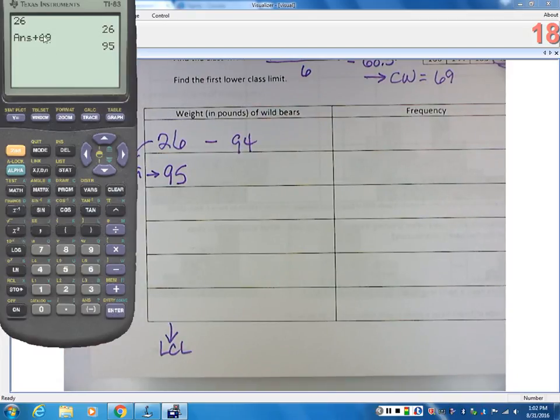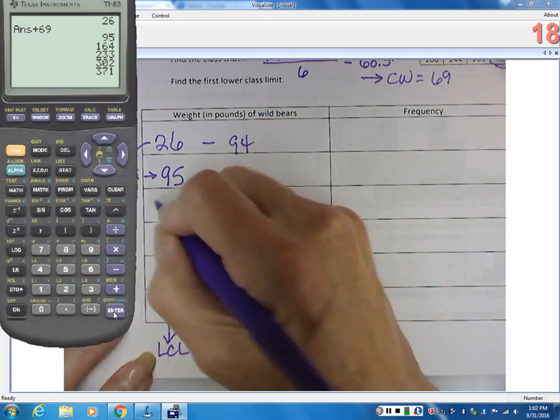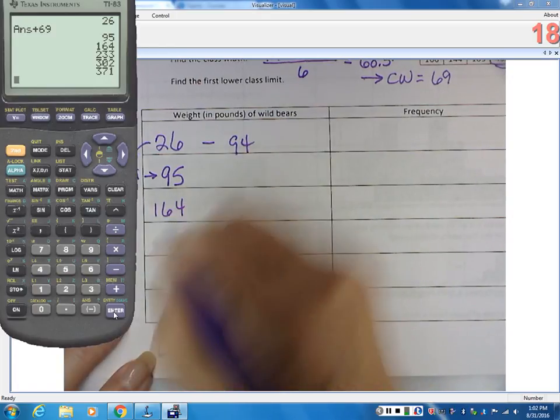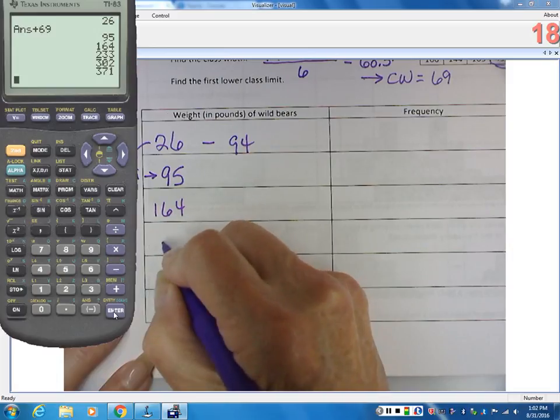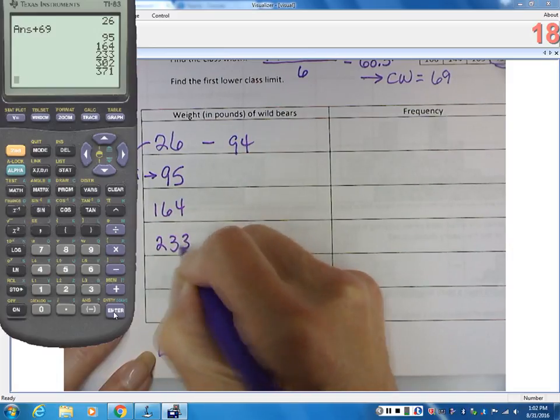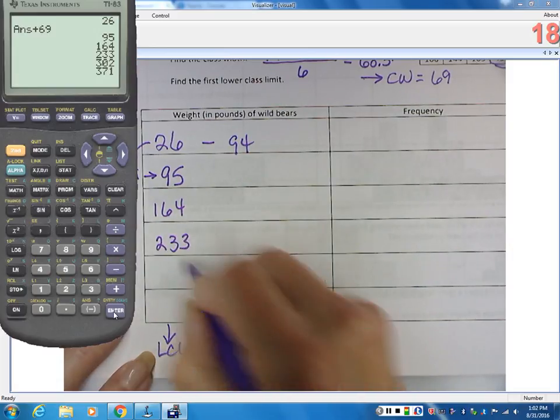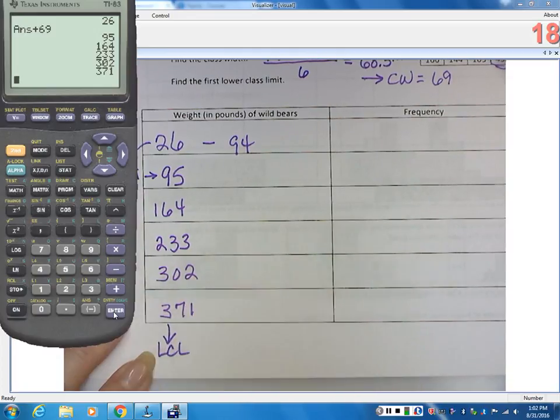Because if I just keep hitting enter, it's going to take the last answer and keep adding 69 to it, I can get all of them relatively quickly. So 95, 164, 233, 302, and 371.